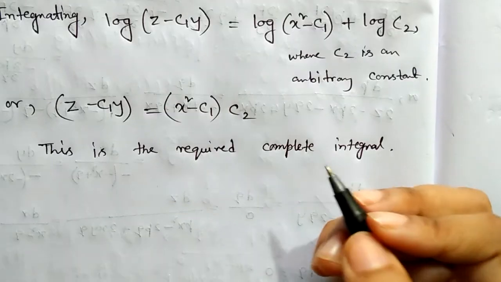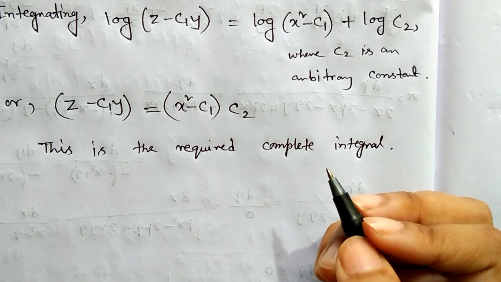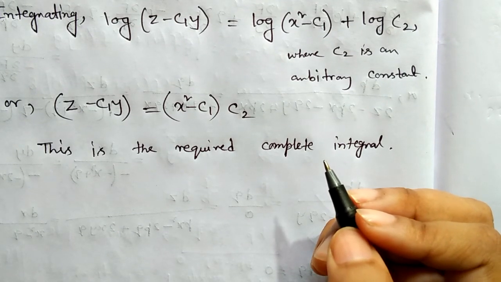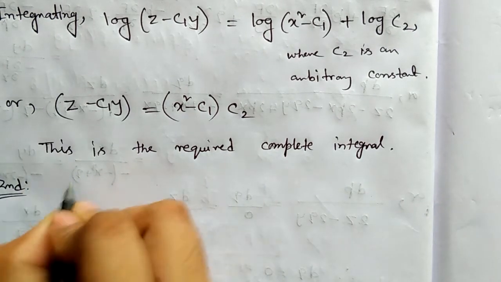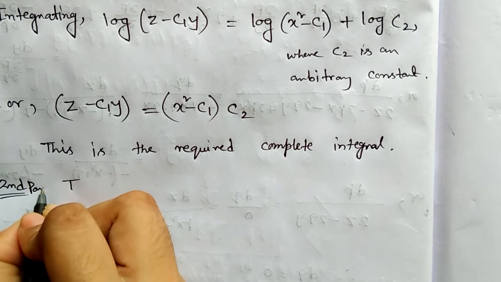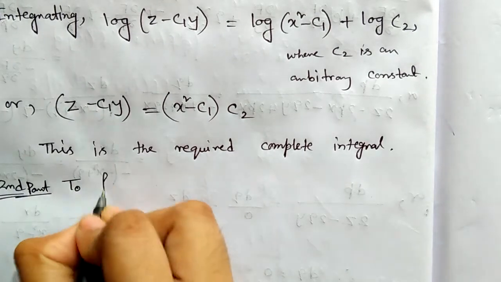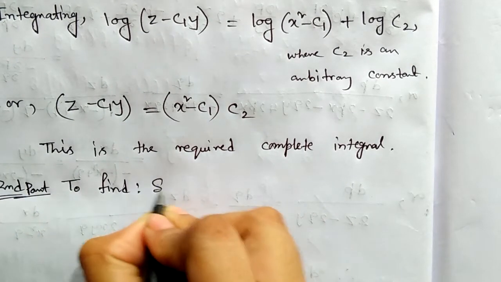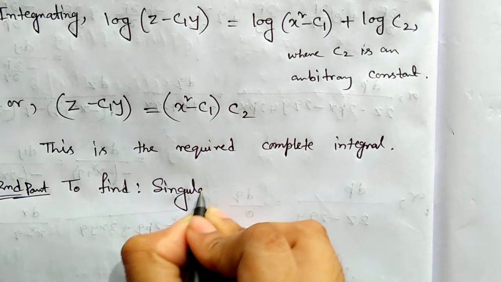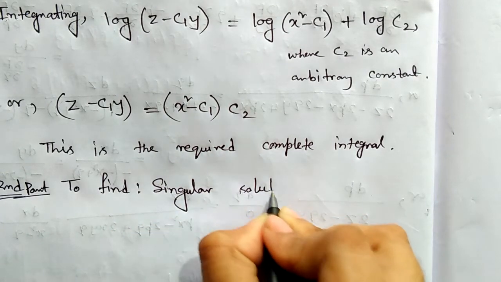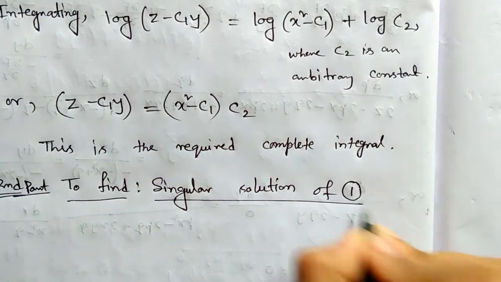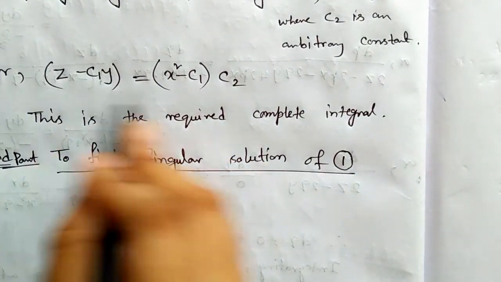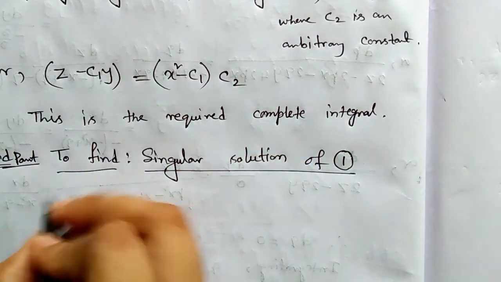So now we are going to find the singular solution. So the second part is to find the singular solution of 1, that is our given PDE 1, and our complete integral is this.